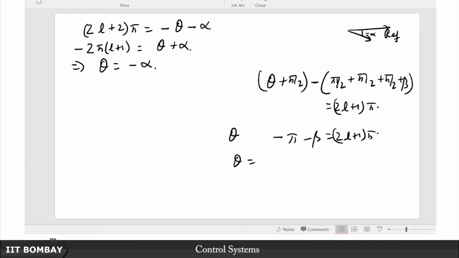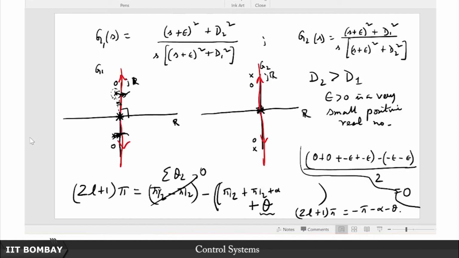So theta is going to be equal to 2l plus 2 pi plus beta, which is going to be well, 2 pi you extract out of here, so that is just a multiple of 2 pi. Again, whether you go clockwise or anti-clockwise does not matter, this is just beta. So this theta is going to be equal to beta, it turns out.